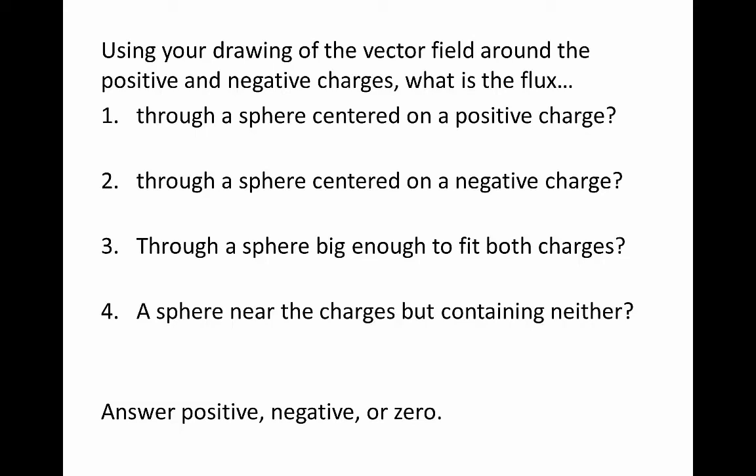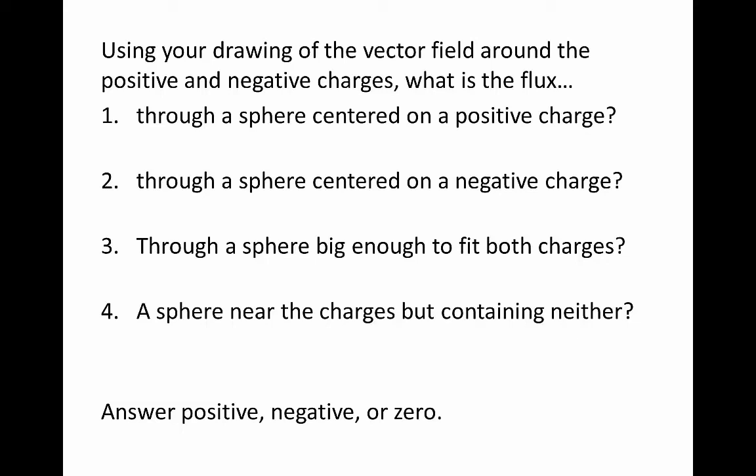So what is the total flux through a sphere centered on the positive charge? What is the total flux through a sphere centered on the negative charge? What is the total flux through a sphere big enough to fit both charges? And what is the total flux through a sphere near the charges but containing neither? And I'm not looking for exact numerical answers. I want you to come up with an answer: positive, negative, or zero.